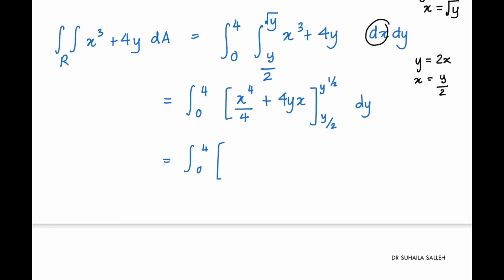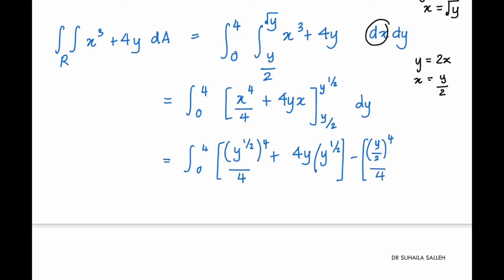So now that's going to be y to the power of half to the power of 4 over 4 plus 4y, and here I have y to the power of half, take away y over 2 to the power of 4 over 4 plus 4y times y over 2, integrate with respect to y.